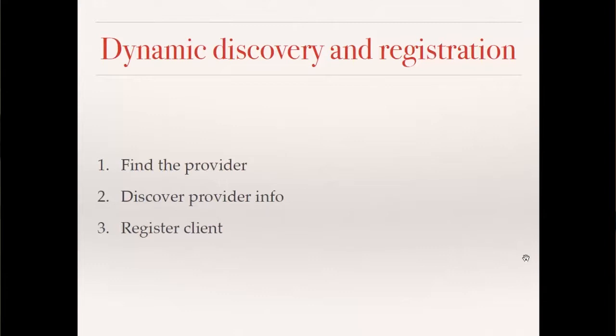In the SAML case, for those of you, I'm heavily involved in SAML federations, so I do a lot of work with that. In that case, you have something called where are you from, or a discovery service. So you get a list of all the identity providers, and then you have to choose the one you want to use.